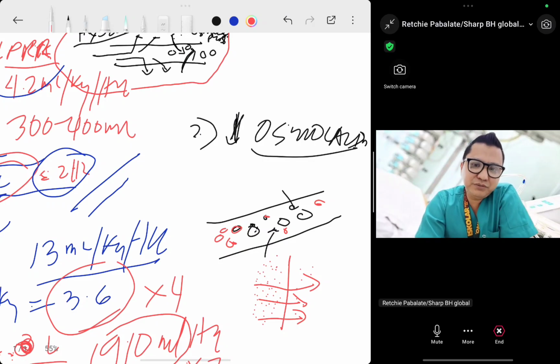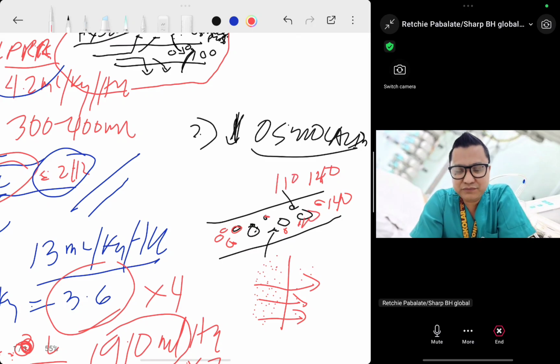For example, your sodium here before dialysis is 140, and 140 also in the interstitial space, or your glucose here is 110 and 110 in this compartment or inside the cell. During the first hours of dialysis, the sodium drops to 130, for example, the glucose drops to 95, or urea drops from 100 to 70.